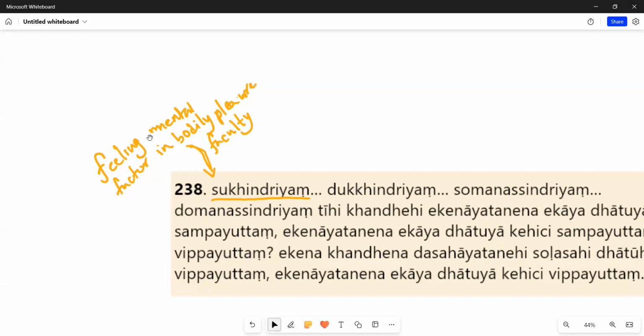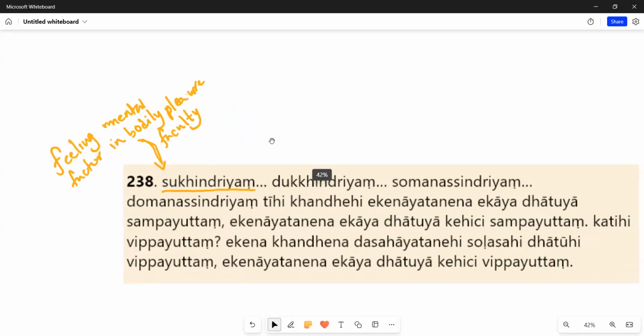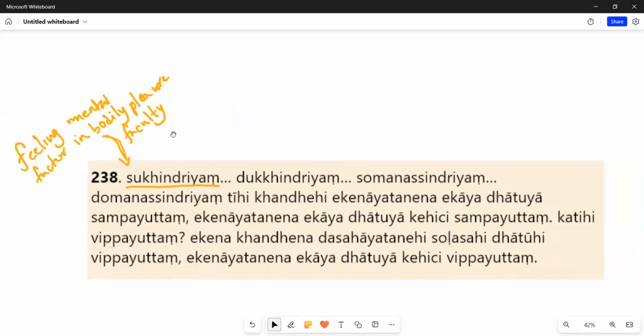So yes, this is the sukhindriya, the sarupata for the sukhindriya, the vedana in the sukha-sahagata cakkhu-viññāṇa, right? Saying in Pali, it says tihi khandehi ekena ayatanena ekaya dhātuya sampayutta. So it is associated with three aggregates, right? This is now the feeling.